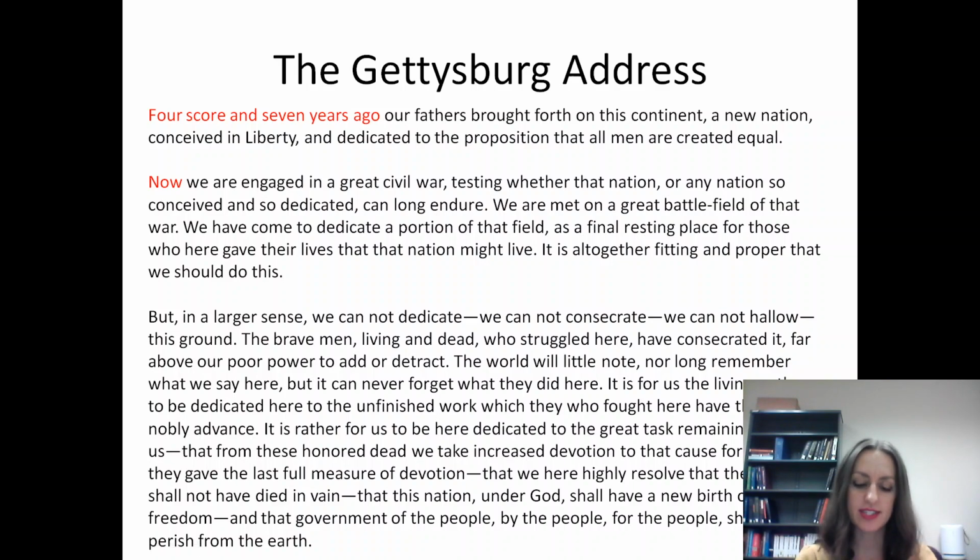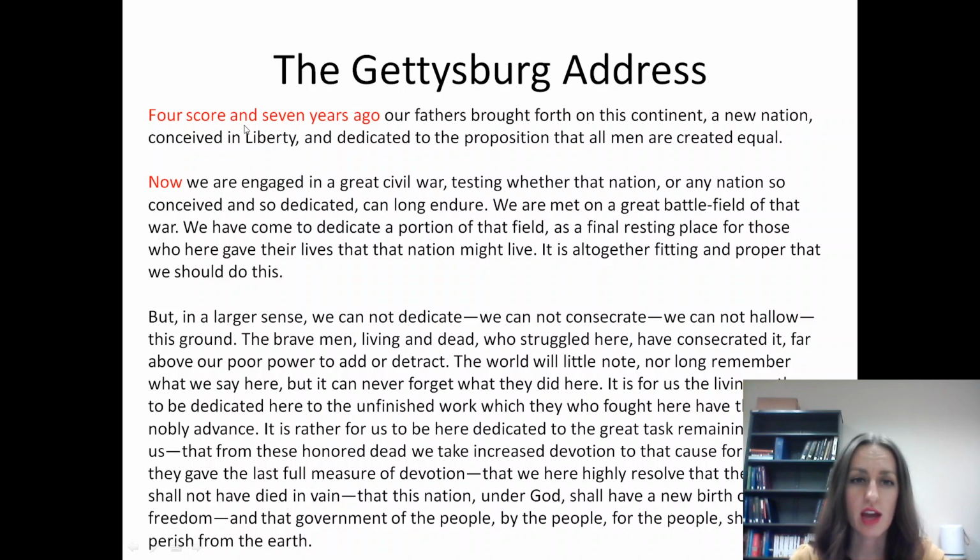So President Lincoln's sequencing events, and making a comparison and a contrast between the historical moment of the founding of the United States and the struggle that they're facing at the moment, which is the Civil War. So he is setting up that comparison and contrast by mentioning this sequence of time.